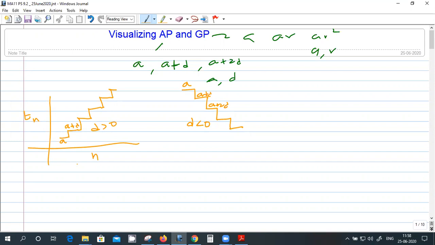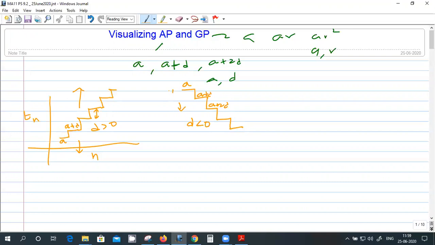Now suppose if I increase the D, then the step size will increase. And if I increase A, the whole thing will move up, right? Suppose A is 2 here and I change it to 5, so the whole thing will move by 3. And if I decrease A, the whole thing will move down. Same thing will happen here.